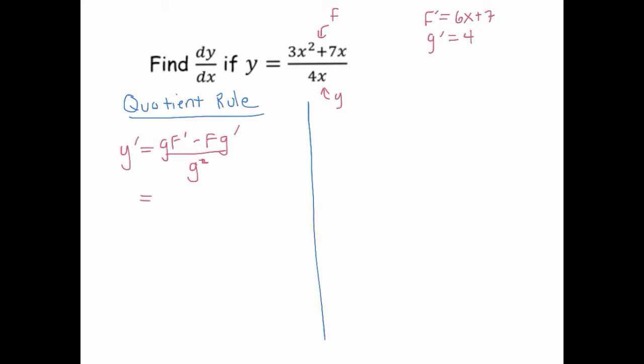And so this is going to become g in the bottom squared, so 4x quantity squared, and g in the top would be 4x times f prime, 6x plus 7, minus f, which is 3x squared plus 7x, times g prime, which is 4. And again, we can stop here if we'd like. So I will stop here for now.